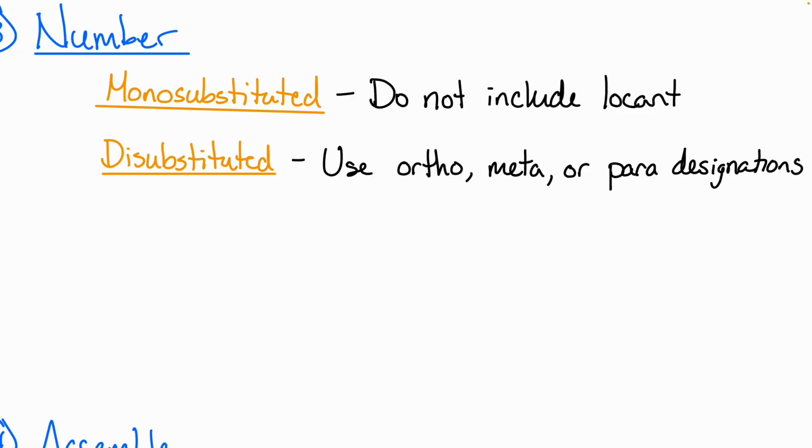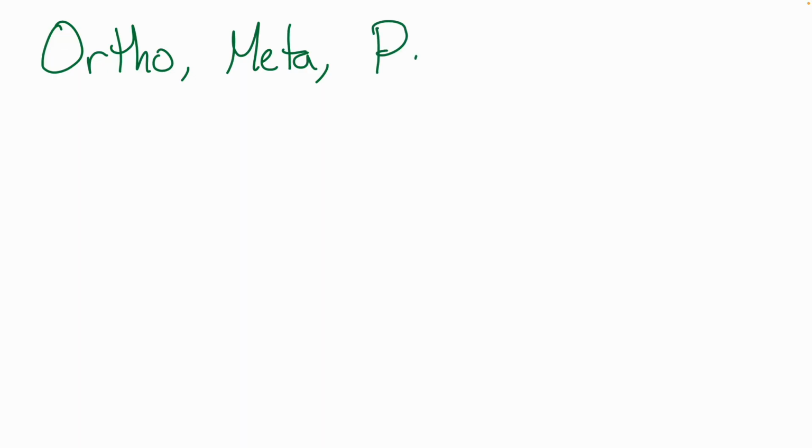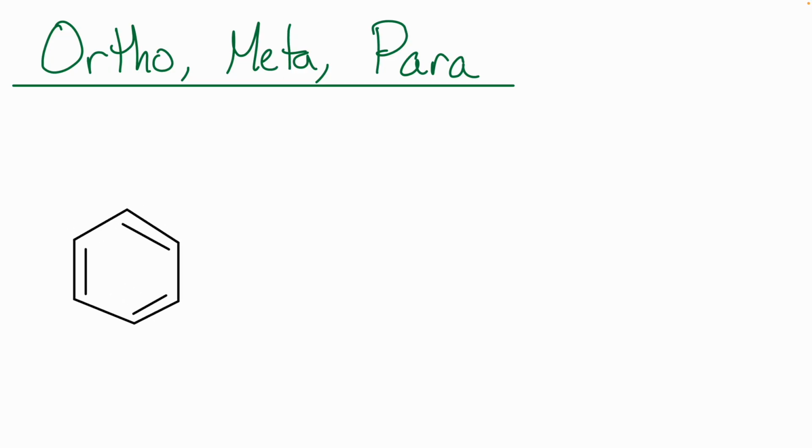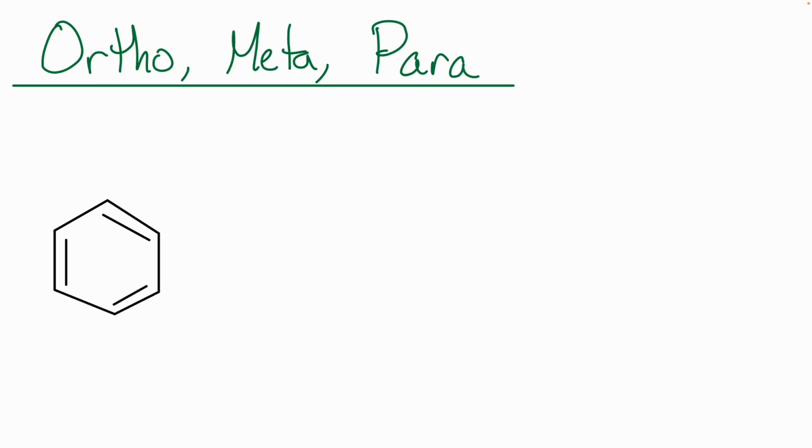There's this terminology that's unique to benzene rings, specifically to di-substituted benzene rings, and that is using this ortho, meta, or para designation. So what the heck do I mean by that? I'm going to take my benzene ring here, but now I'm going to add two substituents on there.